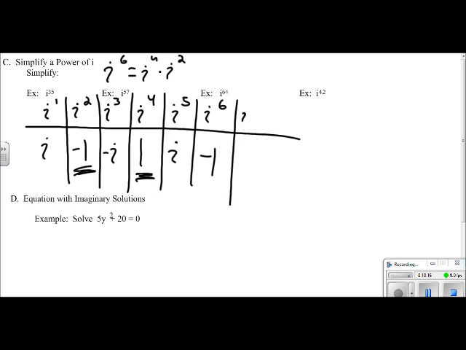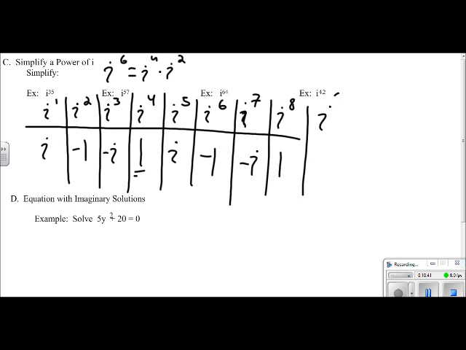Doing this, we can determine again that I to the 7th would be 4 plus 3, so we'd have our negative I. And I to the 8th would be 4 plus 4, so 1 times 1, which is 1.